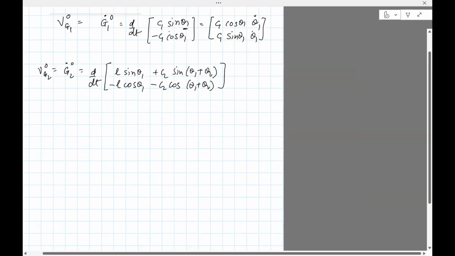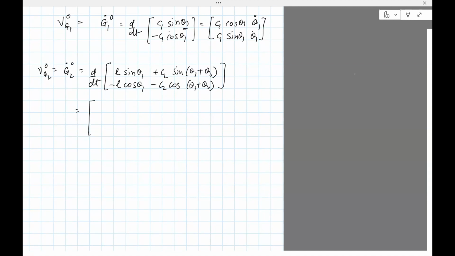And then when you carry out this differentiation with respect to time, you end up getting C2 cosine theta 1 plus theta 2, L cosine theta 1 theta 1 dot plus C2 cosine theta 1 plus theta 2 theta 2 dot, and then C1 plus C2 sine theta 1 plus theta 2.